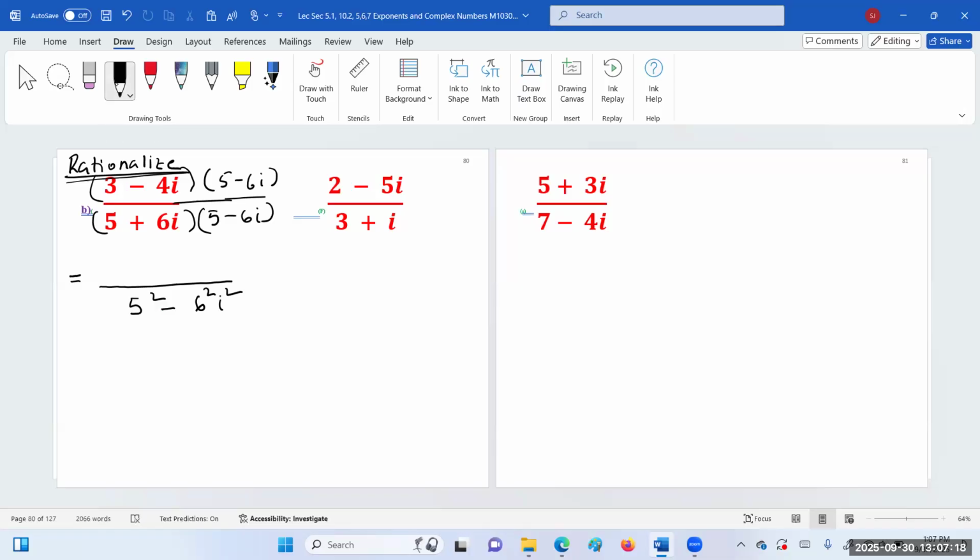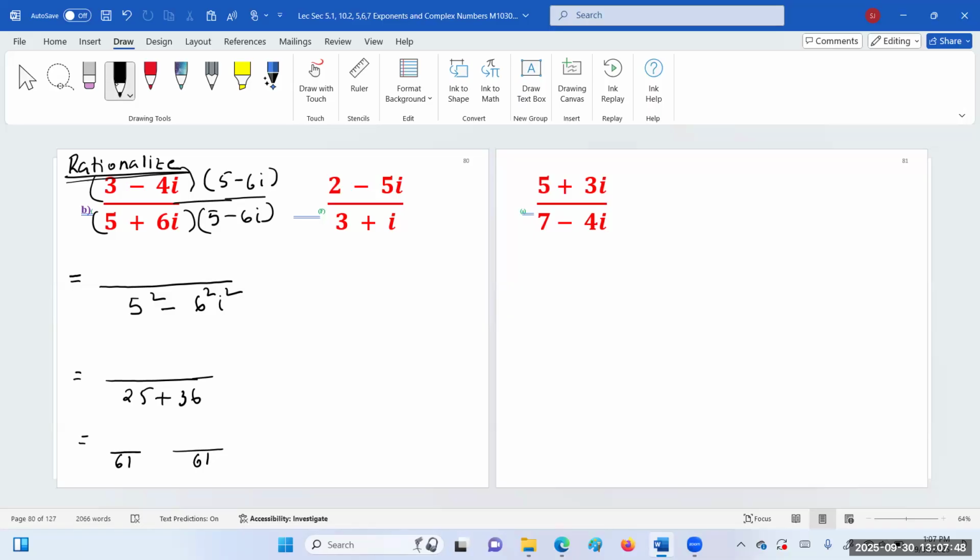Because it's everything square. So we get 25. 6 square is 36. i square is -1. As a result, the sign changed into positive 36. I'm doing a shortcut because you already know the details. And that gives us 29. So not 29, 61.